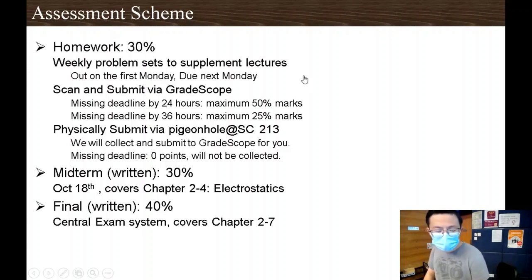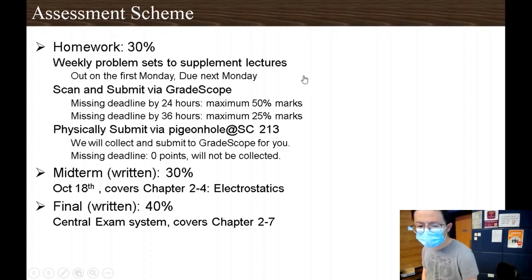Now the late policy is different in the sense that you are allowed to either submit homework in person through the pigeonhole at classroom 213, or you can simply scan and upload it yourself to Gradescope.